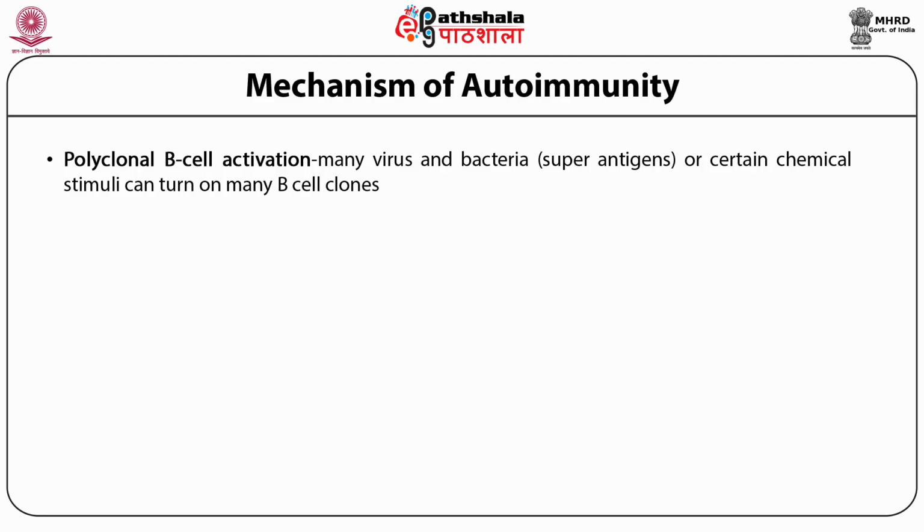For example, lipopolysaccharides produced by gram-negative bacteria is an endotoxin that can cause polyclonal cell activation. Mutation. Immunocompetent cells may suddenly turn hostile due to some mutation and may start producing immune response against self-antigens.